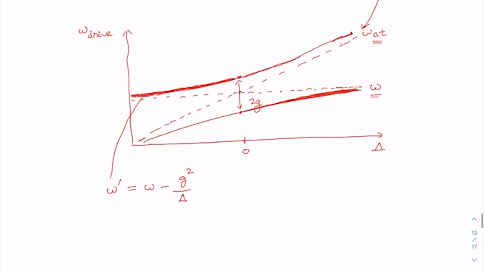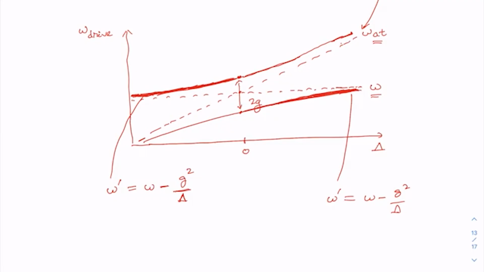That is what we discussed. Here also it is the same thing, given by omega dash equal to omega minus z square by delta. This minus sign refers to the fact that the atom is in the ground state, which is what we always start with. In this experiment, the atom or the qubit is always in the ground state.